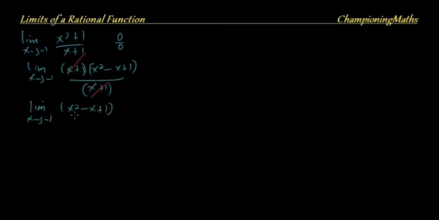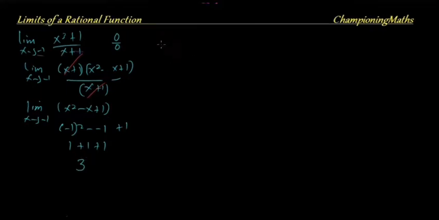Now, substituting the value of x into the function, we'll be having minus 1 squared minus 1 plus 1. Minus 1 squared will give us 1, and then minus minus is plus 1, and then plus 1. So our answer will be 3.